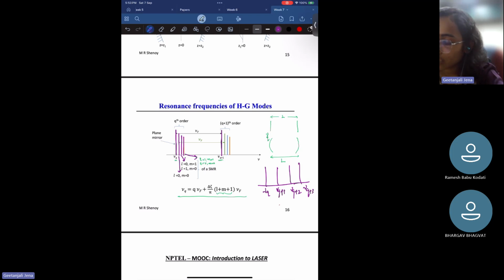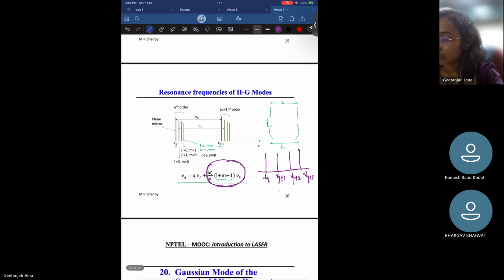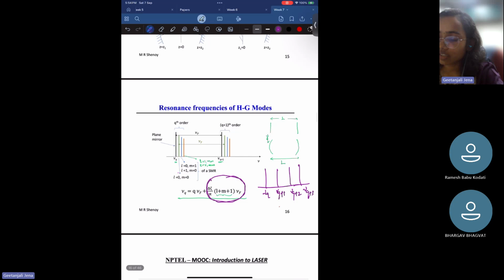But in a spherical mirror, in addition to these ν_q terms, we have some other frequency lines that are closer to the initial resonance frequency position. These lines are due to this curvature dependent term. So these are all about the resonance frequency and the Hermite-Gauss modes.